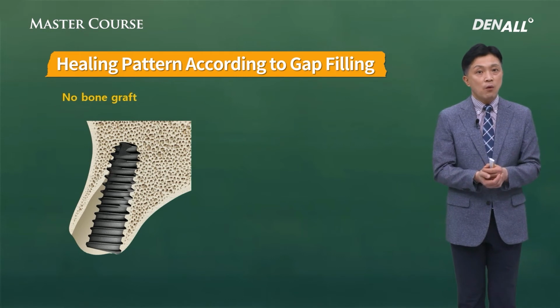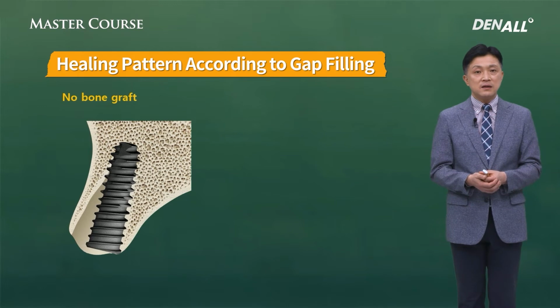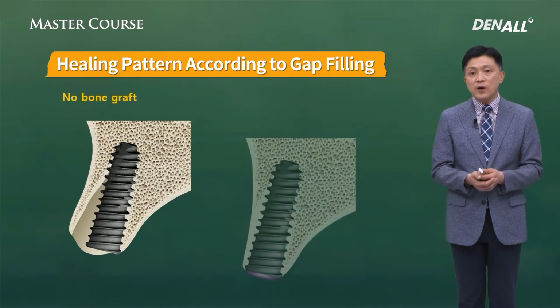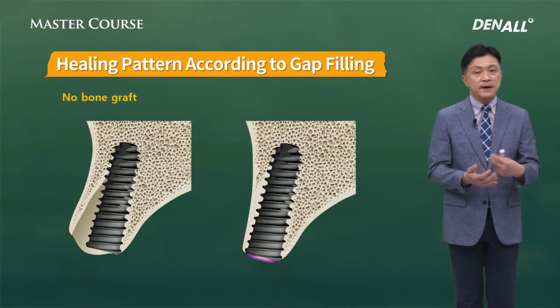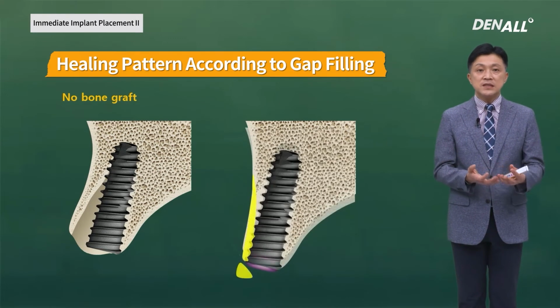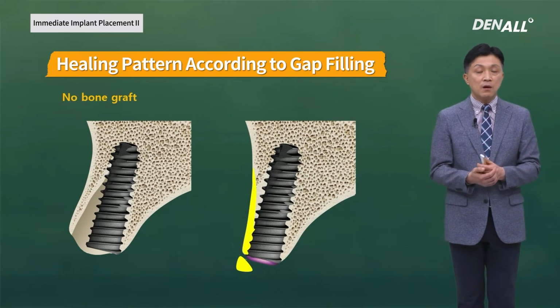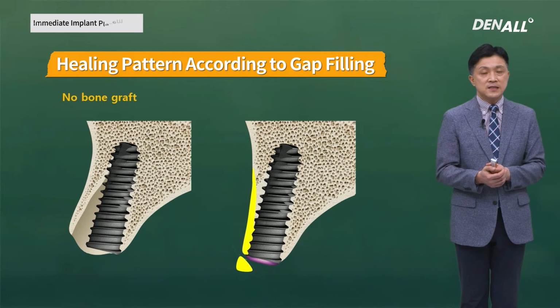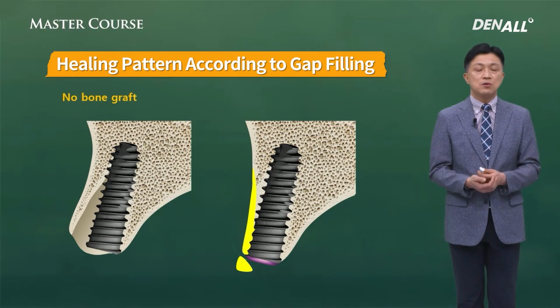Implant has been placed nicely here, but if you do no bone graft, once it goes through remodeling, only very thin labial bone remains, and this is something we can see very frequently. With time, the labial plate is completely resorbed and the implant body can be exposed. It can be only covered with gingiva.